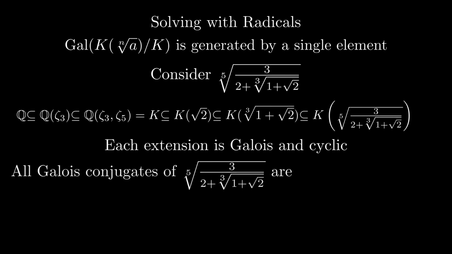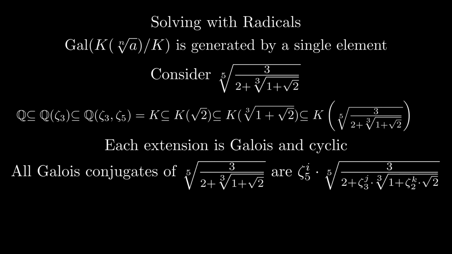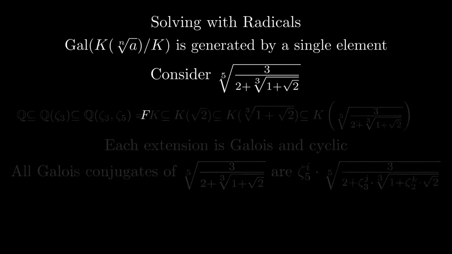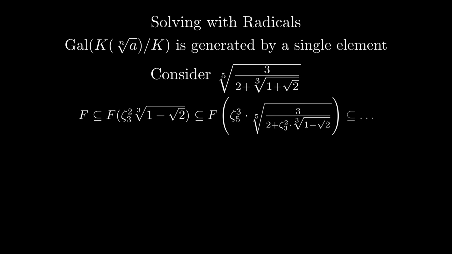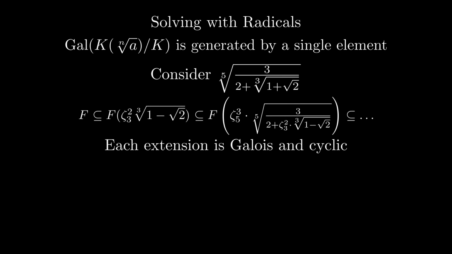And so to create the splitting field of this original jumble of roots, we need to know its Galois conjugates. But it should be believable that they are all given by multiplying every root by some power of the appropriate root of unity. And so, if we let the intermediate field we constructed be F, we can build up the splitting field by adding in other roots that we skipped, root by root, where again, each consecutive extension is Galois and cyclic.